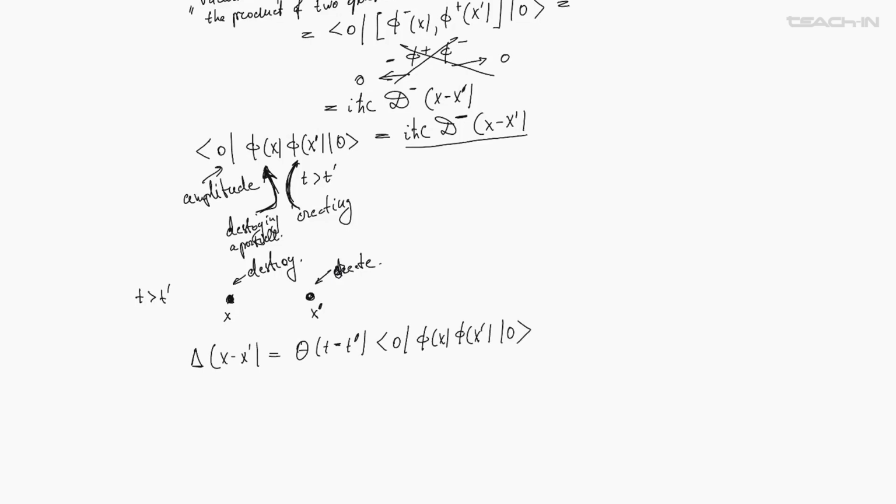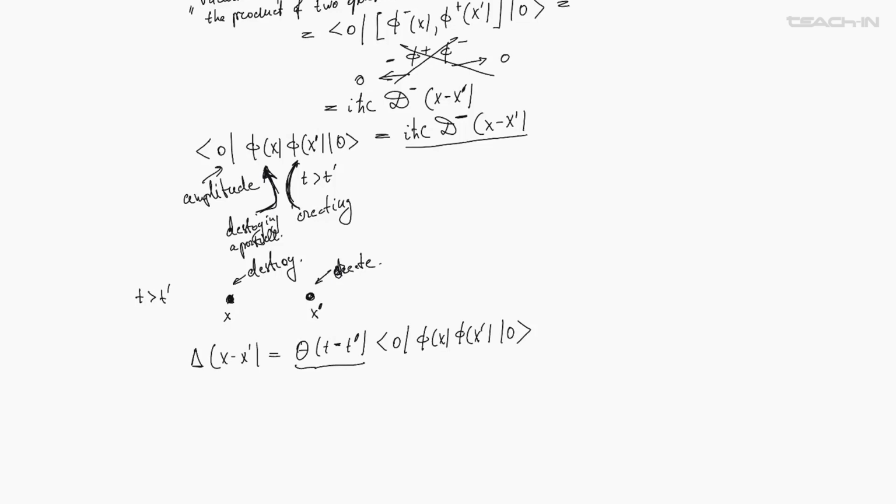And the theta function prescribes the way creation and annihilation happen in time. So first you create a particle at t prime, and then the particle is destroyed at a later time t. And the theta function takes care of this process.